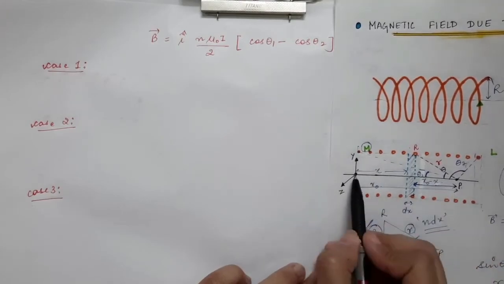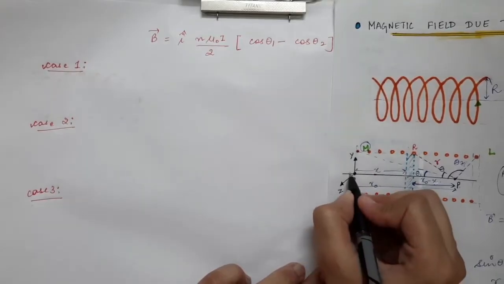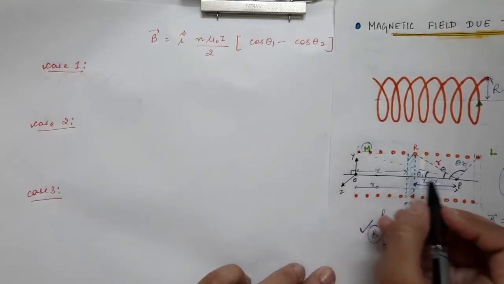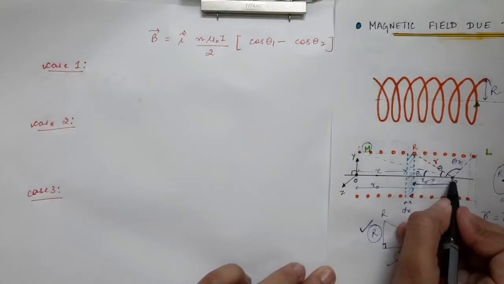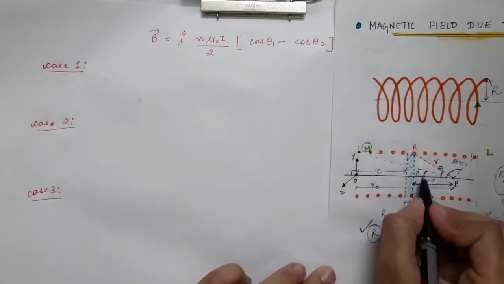So if this P is present over here, what will be theta 1 angle? That will be this one, the angle which is made by this length with the axis, as in the earlier case where the angle made by this length with the axis of the solenoid was theta 1.